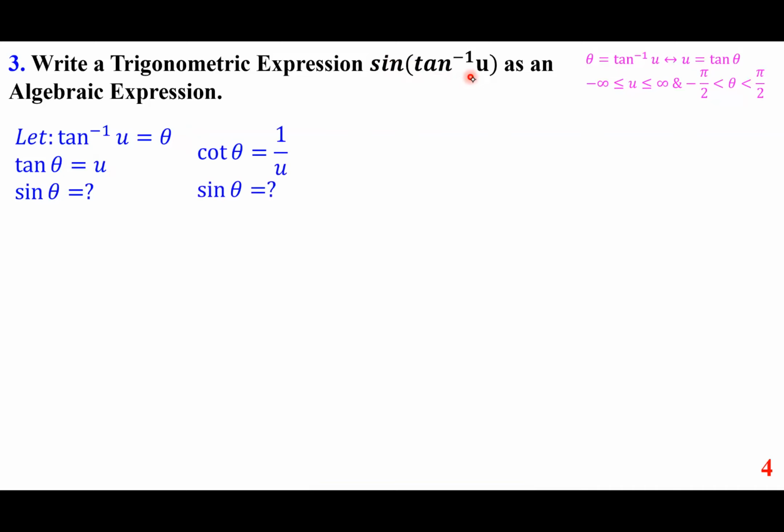And that will help us get to sine, because 1 plus cotangent squared is cosecant squared, where cosecant is 1 over sine. So if we want to go with the identity, there are many identities involved here. 1 plus cotangent squared is cosecant squared theta. And remember, sine is 1 over cosecant.